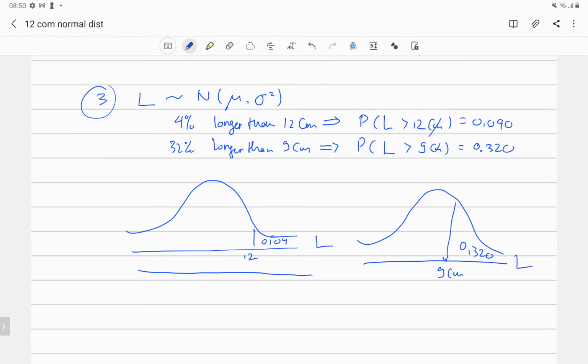Unfortunately, the phi value can only be used for the left-hand side. But because the total is exactly 1, we know that the area to the left here is 1 minus 0.04, or 0.960.